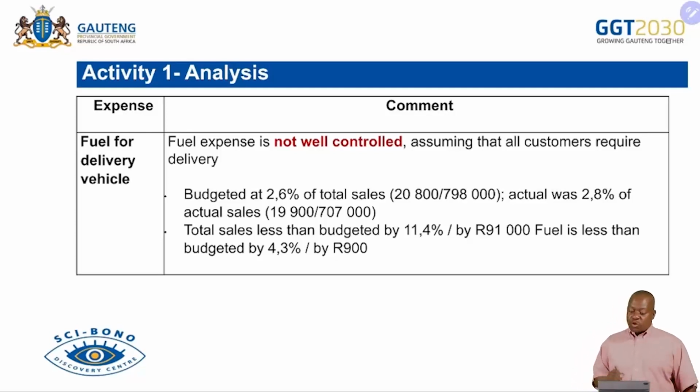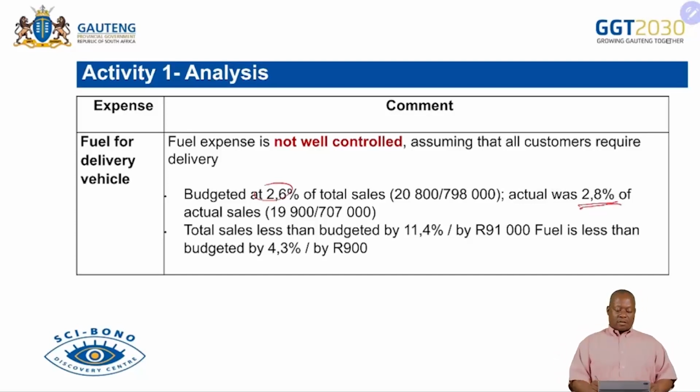Because if you take 20,800 over 798, the budgeted, times 100, you are going to get 2.6%. But actually, what percentage are we using? We are using 2.8%. We budgeted 2.6%, so that is not on.